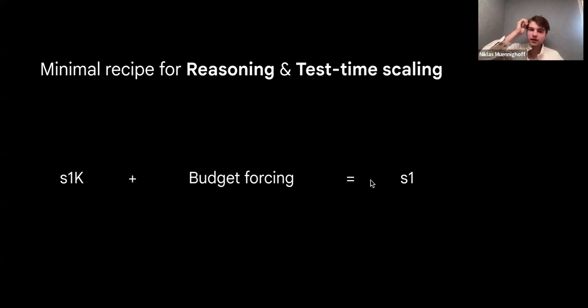Probably forcing the model exactly how many tokens to use is not the final solution here, but it is a very simple, very good baseline to start from. And then we can think about more complex approaches where the model itself maybe decides the budget and tells the user how much it thinks it would need for this task or things like that.